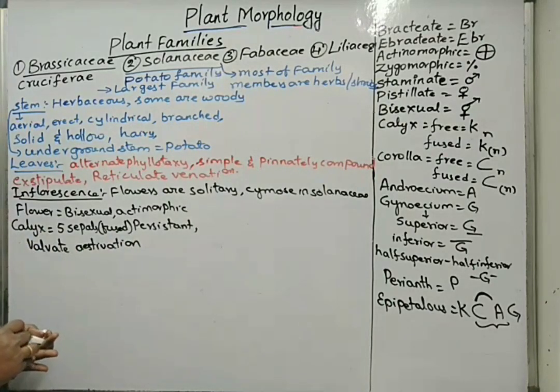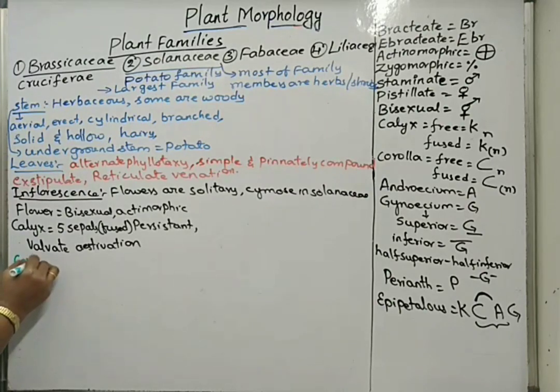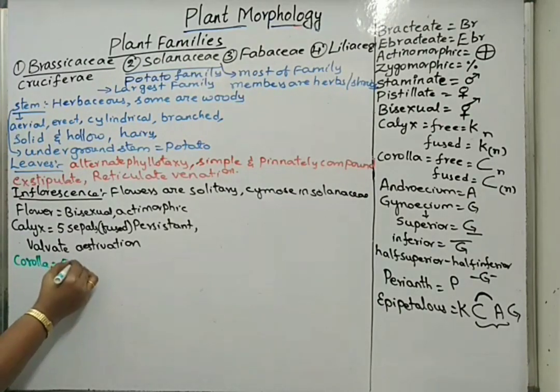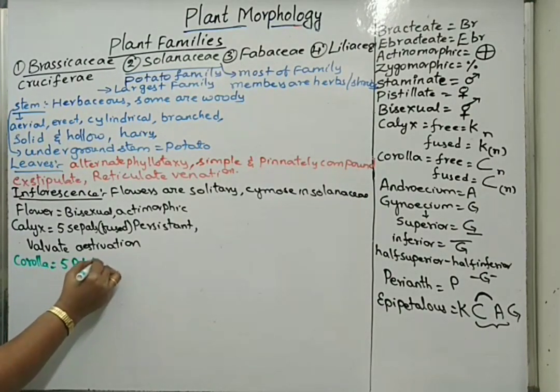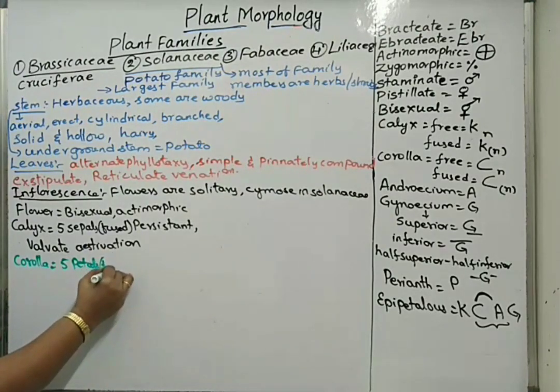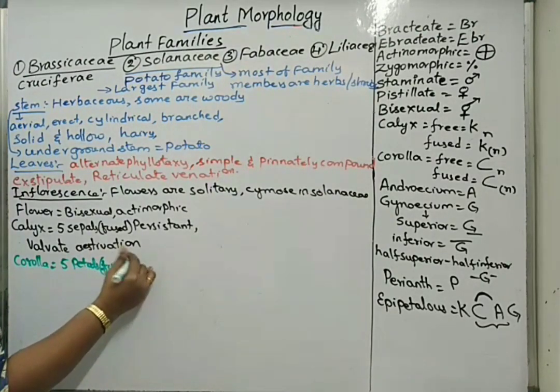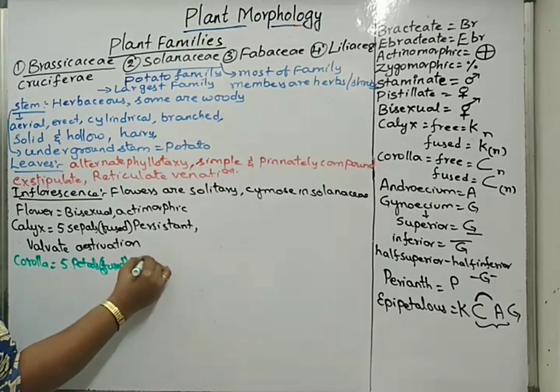Next is corolla. Corolla has 5 petals. These are also fused, and they also show valvate aestivation.